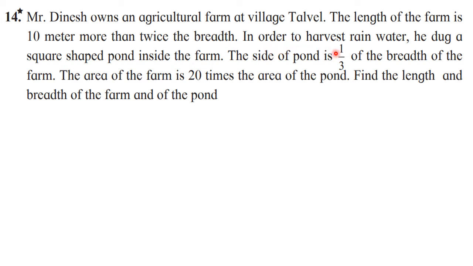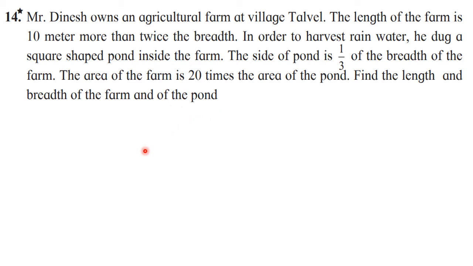In order to harvest rainwater, he dug a square-shaped pond inside the farm. The side of the pond is 1/3 of the breadth of the farm. The area of the farm is 20 times the area of the pond. Find the length and breadth of the farm and of the pond.